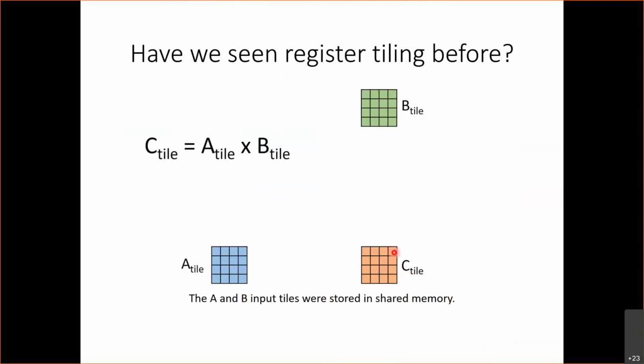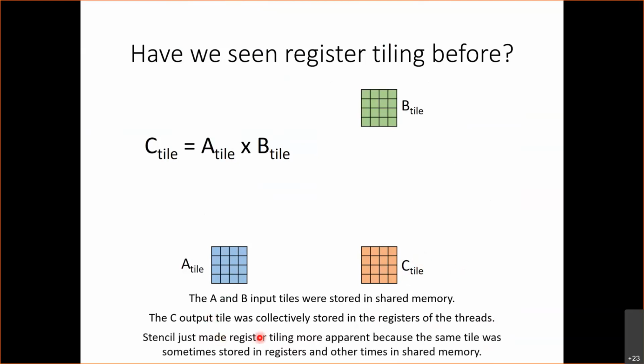My C tile was stored in the registers, because every thread was responsible for one of these output elements in the C tile, and it stored that sum variable in a register. So this C tile is actually stored in the collection of all the registers across all the threads in the block. So the C output tile was collectively stored in the registers of the threads. We actually used register tiling for the C tile. We just didn't realize it.